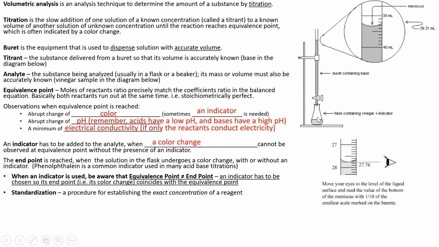In this case, what we know is the amount of the substance in the flask, and we are trying to determine the concentration in the burette. So the next example, the example problem on the next slide, will go through this.